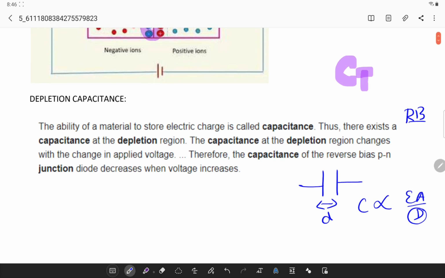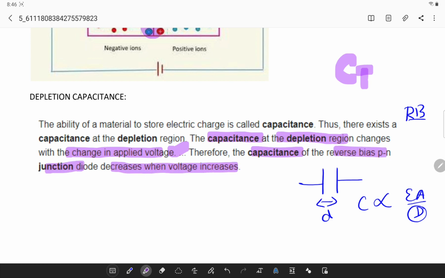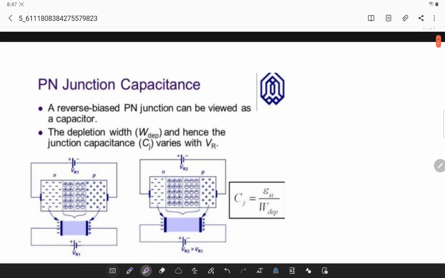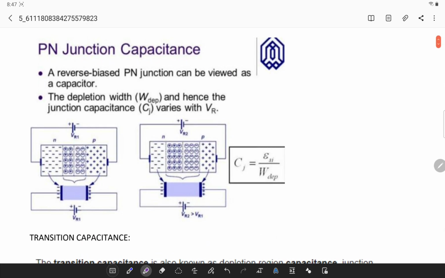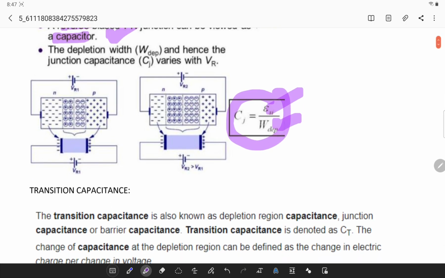Similarly, in this case, the capacitance at the depletion region changes with the applied voltage. The capacitance of the reverse bias PN junction diode decreases as the voltage increases. So simply remember, a reverse bias PN junction can be considered as a capacitor, and the capacitance depends on the width of the depletion region.